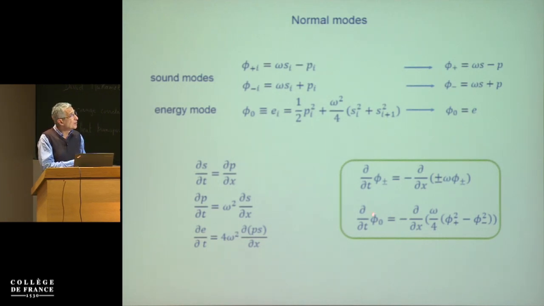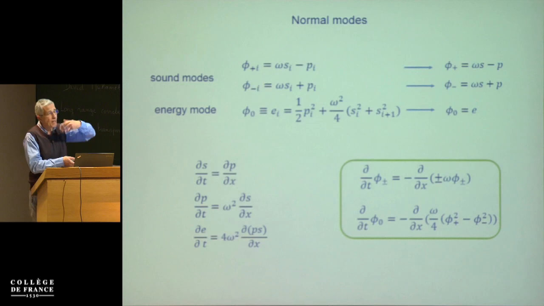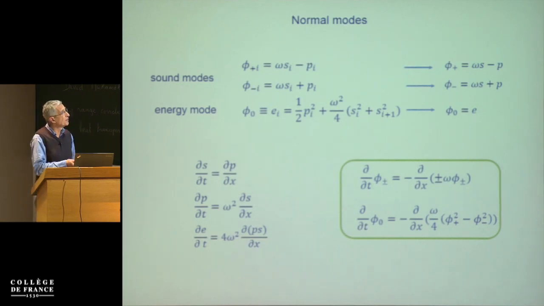And there is an energy mode which is just driven by the phi plus and phi minus, and it's written in this way. The linear term is basically 0, so it's only coupled to them through the nonlinear term in the phi's, and basically these are the three equations.